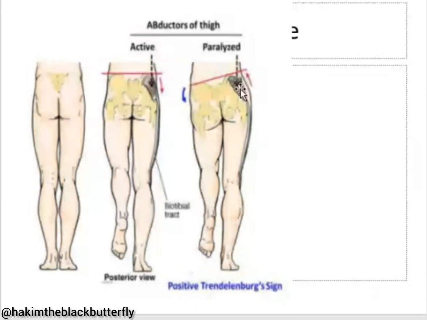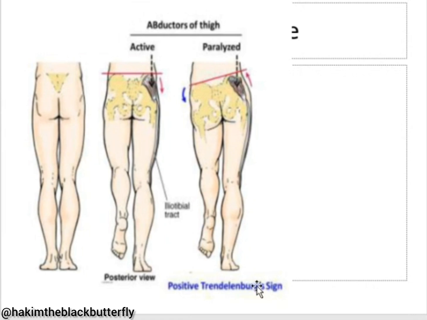Every time you stand on this affected side, this joint dislocates superiorly, such that it is not at the same level as this one. When this happens, we call this a positive Trendelenburg's sign.